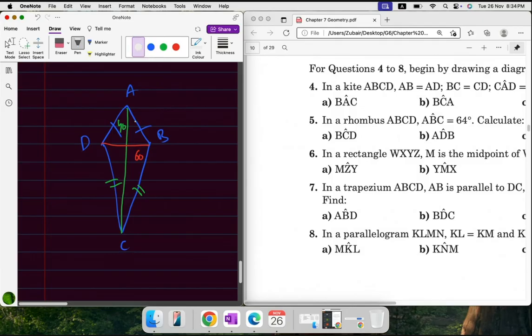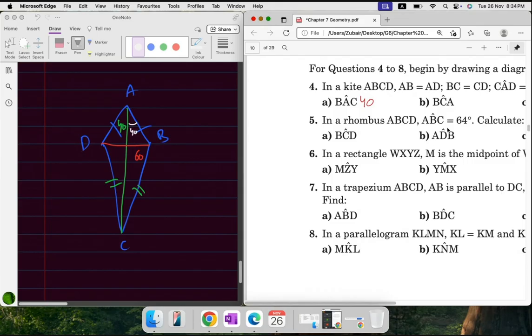May I just say without working, BAC is 40 because of the symmetry, the vertical line of symmetry. Then BCA. Can you work out BCA? It's going to be 40?